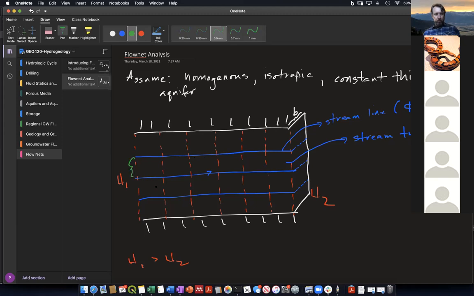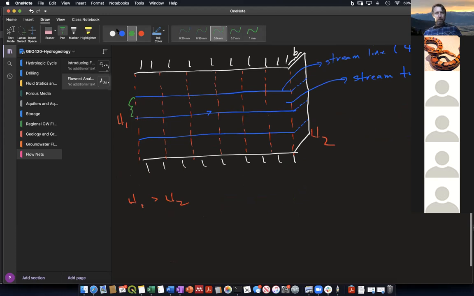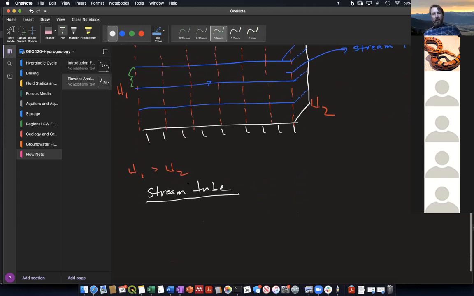So here's our stream tube, and our stream tube ends up being this region of our aquifer bounded by two streamlines. And it's got these head contours.